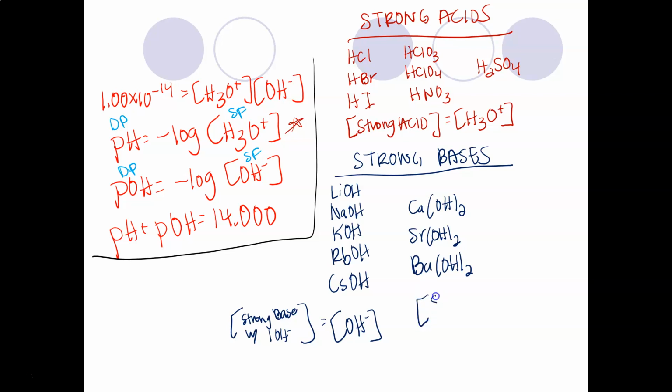If we have a strong base with 2 hydroxides, its molarity times 2 is equal to the hydroxide ion molarity, because 1 calcium hydroxide contains 2 hydroxides. So when it breaks apart and dissociates in water, we're going to have twice as many hydroxides as we had of the original molecule. Okay. So in the last video, we talked about this.